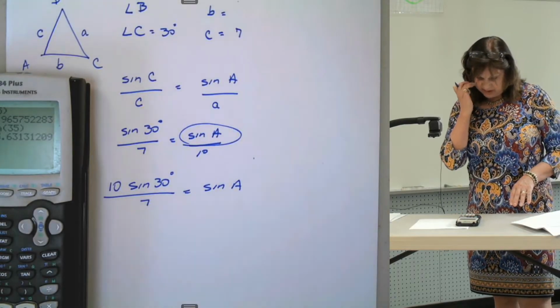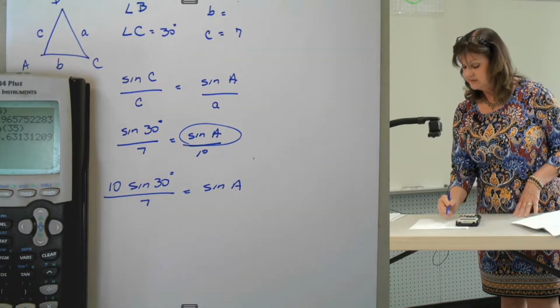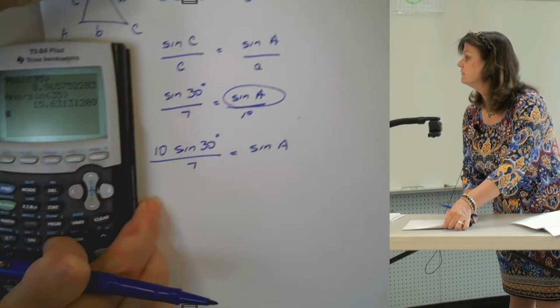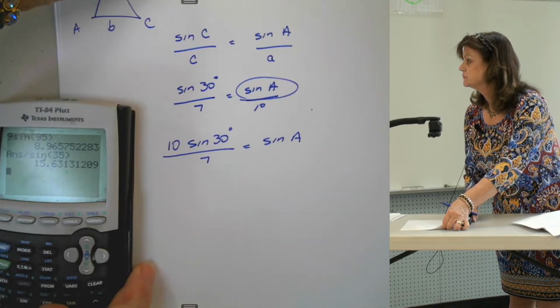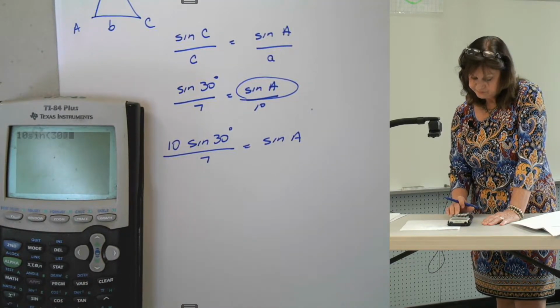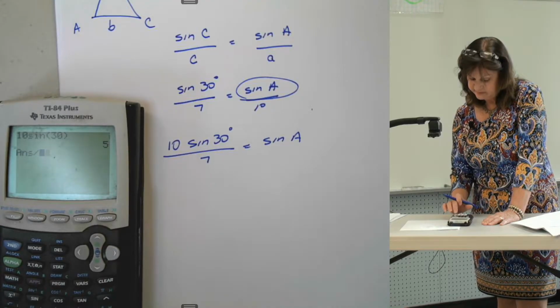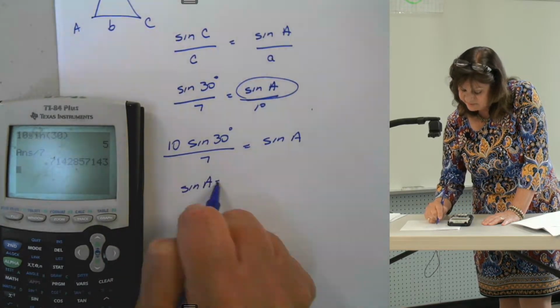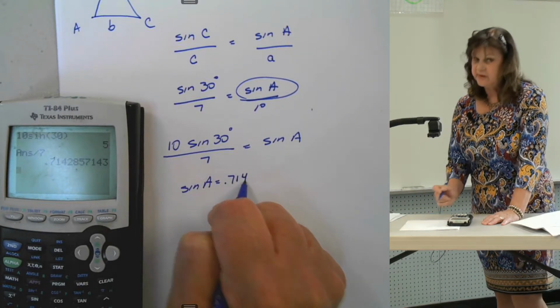First of all, I would evaluate 10 sine 30 divided by 7 before I went any further with this. So some angle has a sine value of 0.714. Can that be?